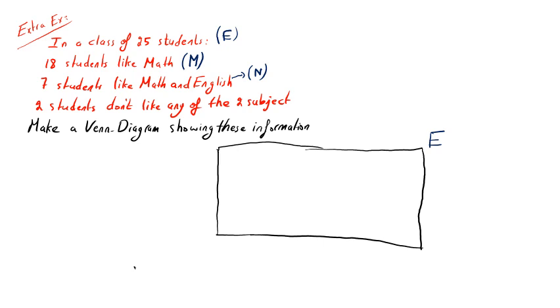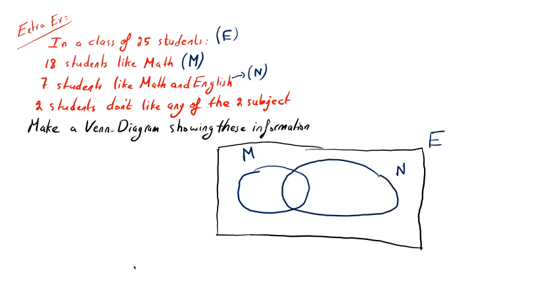Here we have 2 sets, M and N. Here you have the math, set M, and we have the English, set N. First, we should find the number in each region. First information: 2 students don't like any of the 2 subjects, so we write 2 outside the 2 sets. 18 students like math. We can't put 18 here because some of the 18 students will be inside the intersection.